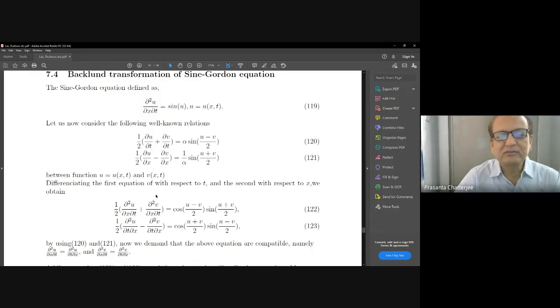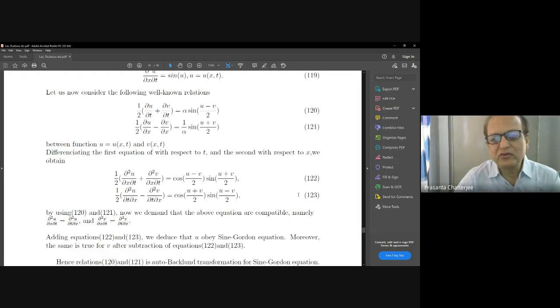So if we differentiate 1.20 with respect to t and 1.21 with respect to x, we get equations 1.22 and 1.23.